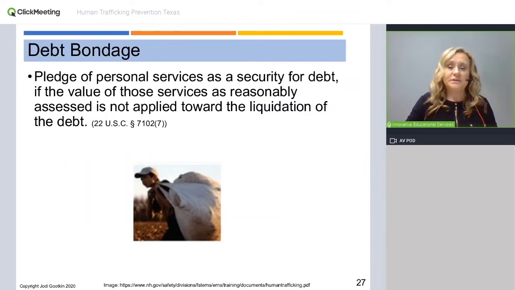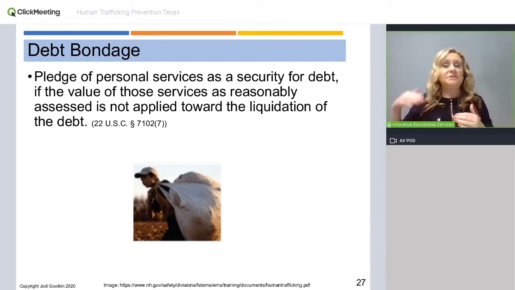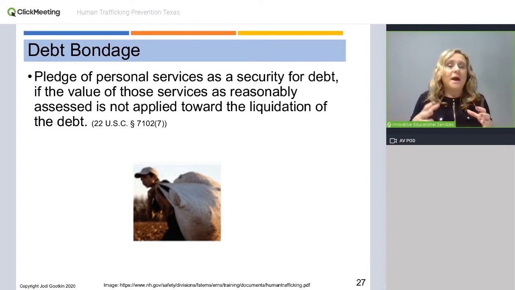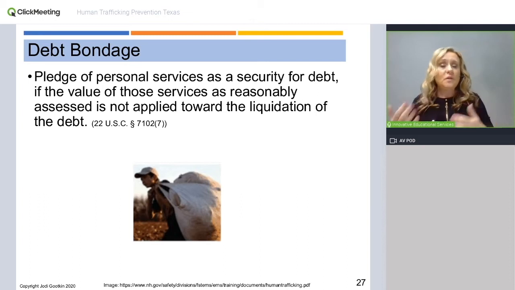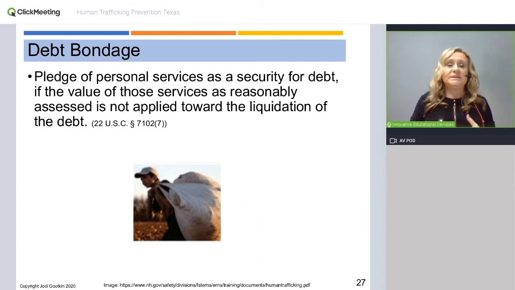Debt bondage is a little bit different. This occurs where an individual is charged a fee for whatever opportunity they're being given, and the trafficker continues to increase that fee, or because they're housing them and keeping them in the same location where they're working or experiencing that sexual exploitation. Maybe they're charging them for their living expenses, for food, for toiletries, basic necessities.